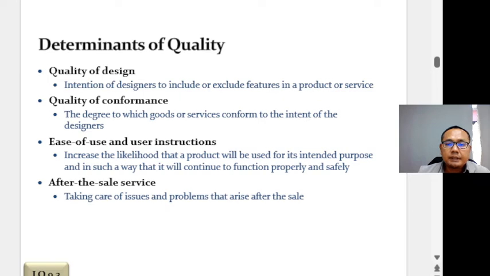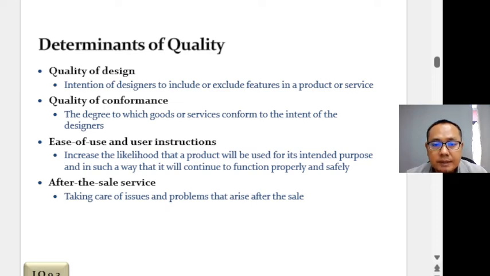So the degree to which a product or service successfully satisfies its intended purpose has four primary determinants. The first one is quality of design. The design phase is the starting point of the level of quality eventually achieved. Design involves decisions about the specific characteristics of a product or service, such as size, shape, and location.